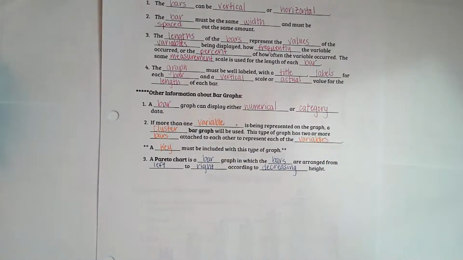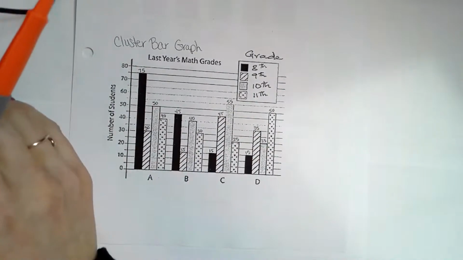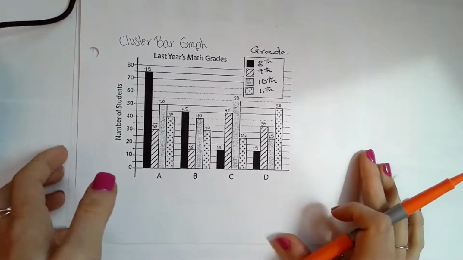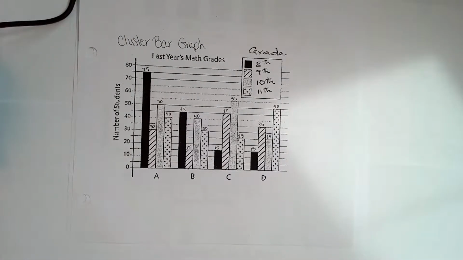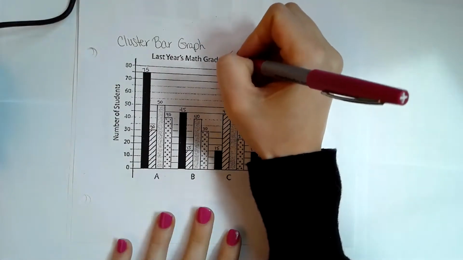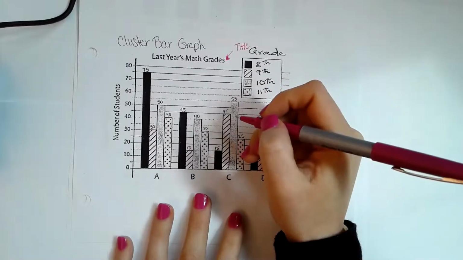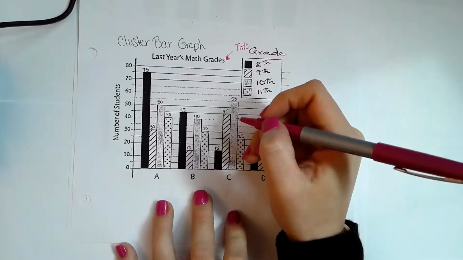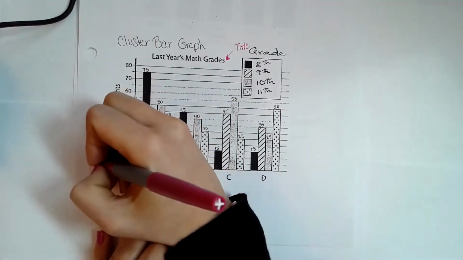Okay, so you still need your title. And then you still need your label for your scale, so this right here would be your label for your scale.